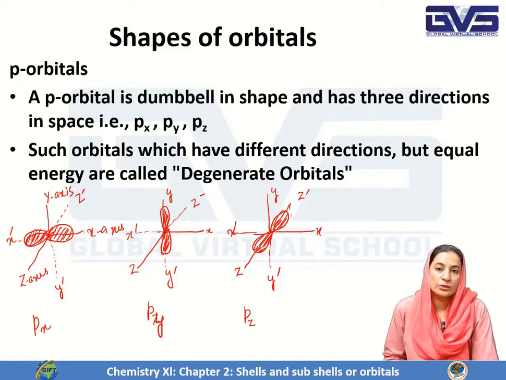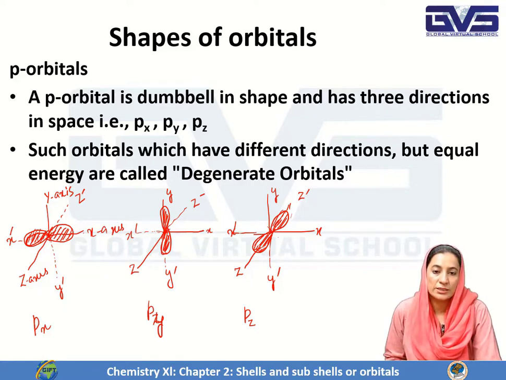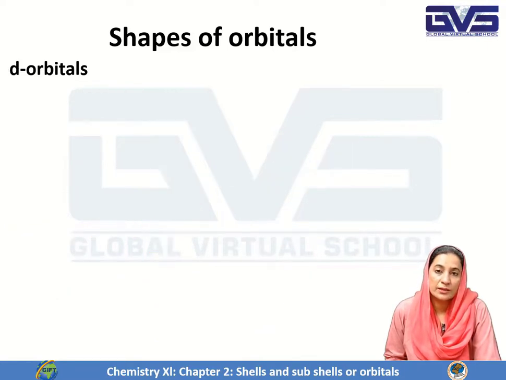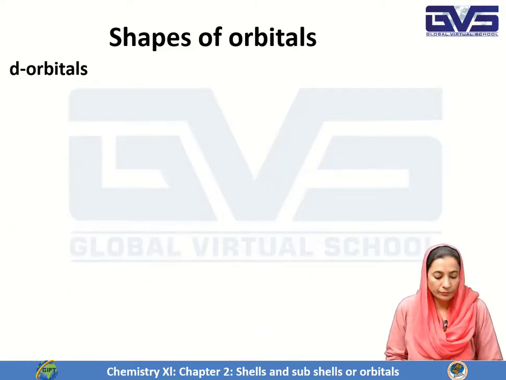So if you are asked to define degenerate orbitals, you can say: the orbitals which have different orientation but equal energy are called degenerate orbitals. So px is on the x-axis, py is on the y-axis, and pz is on the z-axis. Each orbital can contain a maximum of 2 electrons with 2 spins. One will have clockwise spin, another will have anti-clockwise spin.